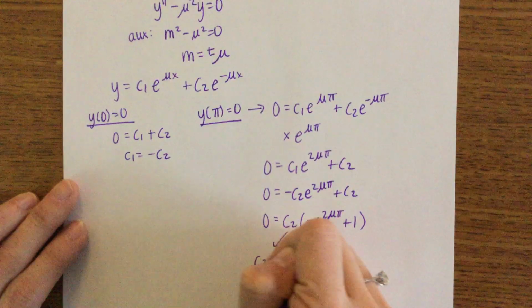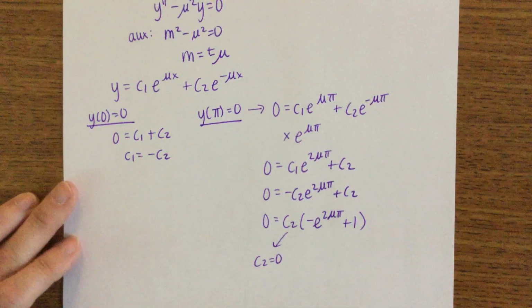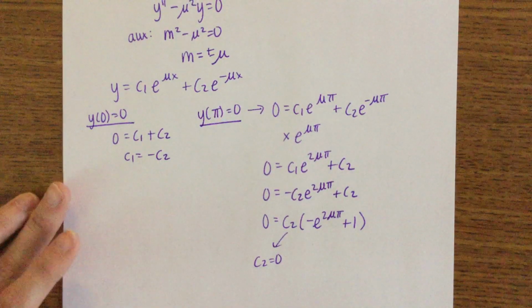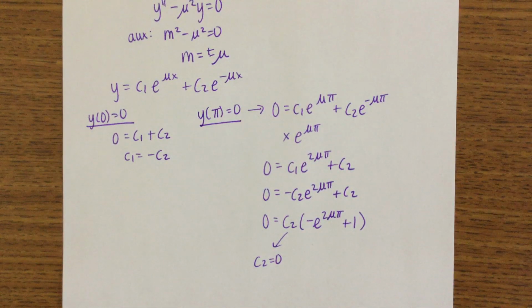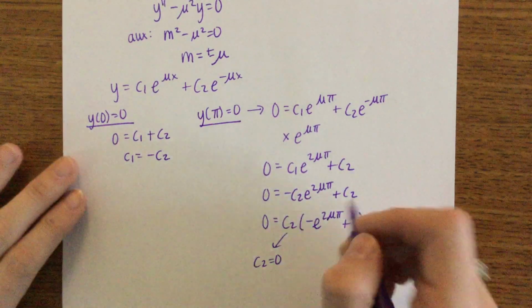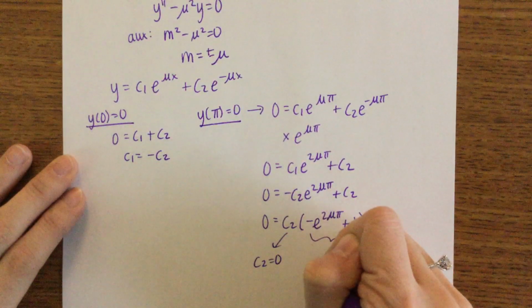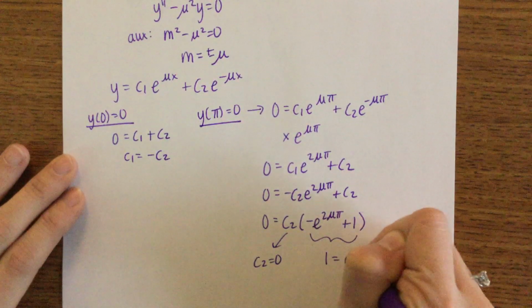One possibility is that c2 would be equal to 0, which would also mean c1 equals 0, which would be a trivial solution then. Other possibility here, we could have 1 being equal to e to the 2 mu pi.